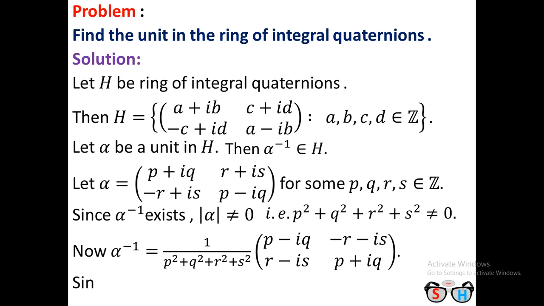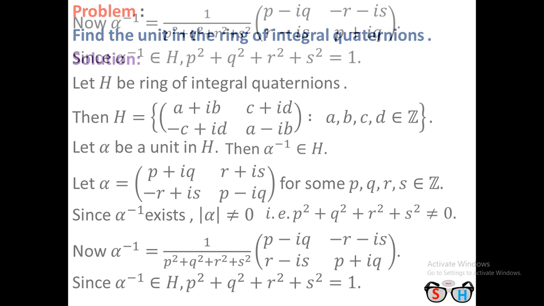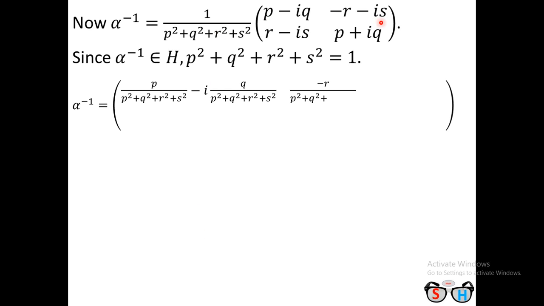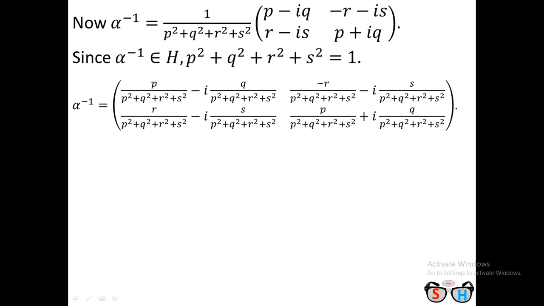I discuss it. Since alpha inverse belongs to H, P square plus Q square plus R square plus S square must be 1. Why? Because if I write alpha inverse in this form, I just multiply 1 by P square plus Q square plus R square plus S square into every element in that portion. Therefore alpha inverse will be that.